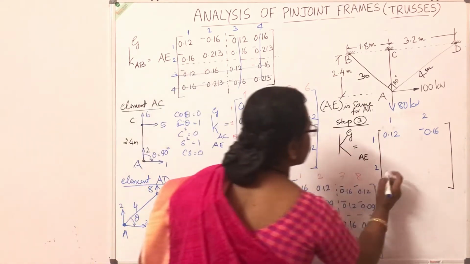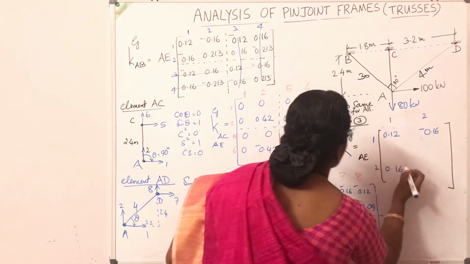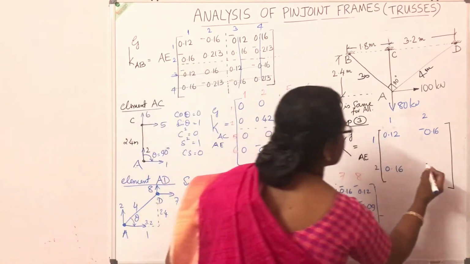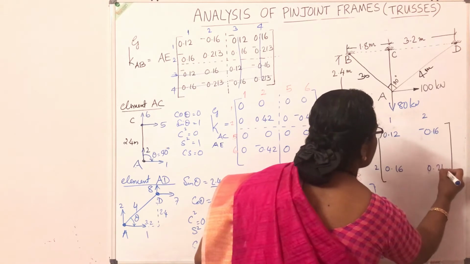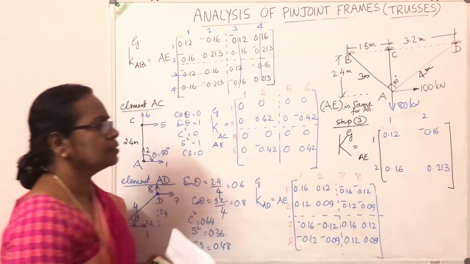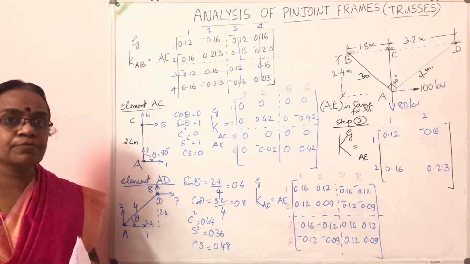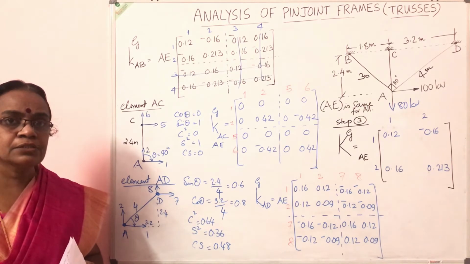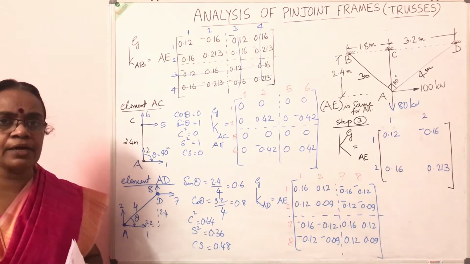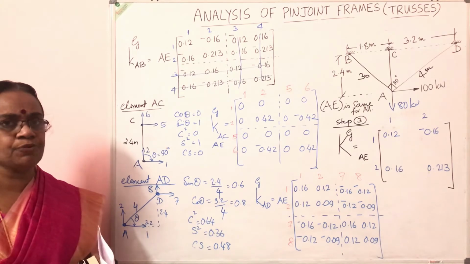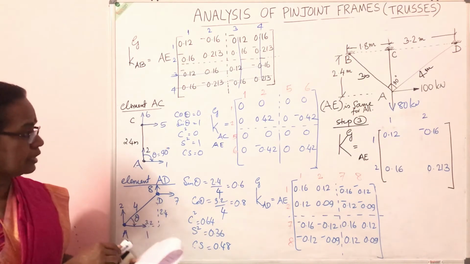And 2, 1 location, it is 0.16. And 2, 2 location, it is 0.213. So we have entered the elements from the first element after deleting the rows and columns with numbers 3 and 4. Now coming to the second element.